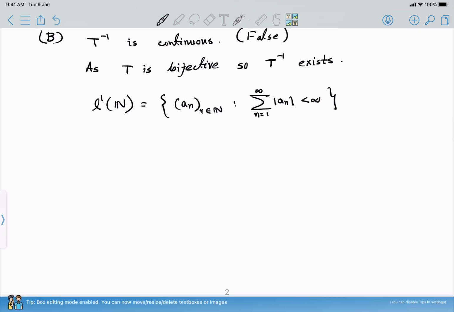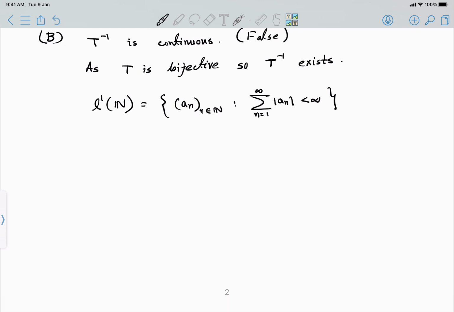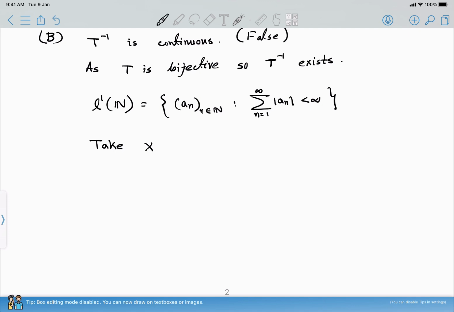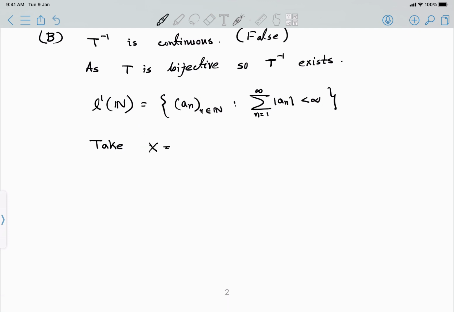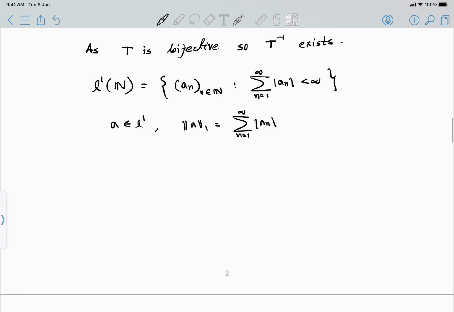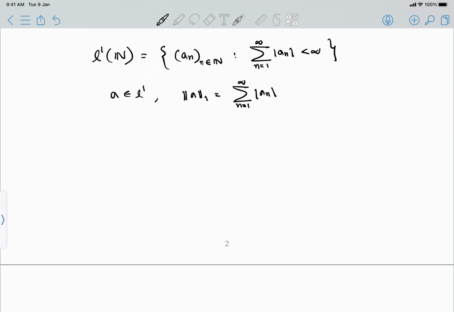Inside L1, if a is in L1, we define the L1 norm of a to be the sum from n equals 1 to infinity of mod a_n. Now let's take X to be L1 with the L1 norm.